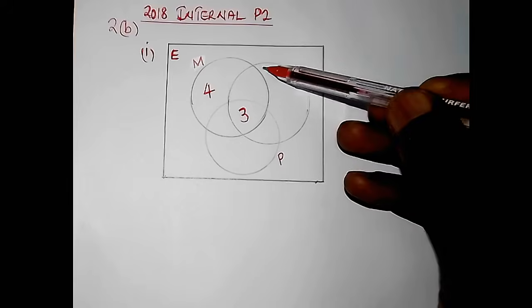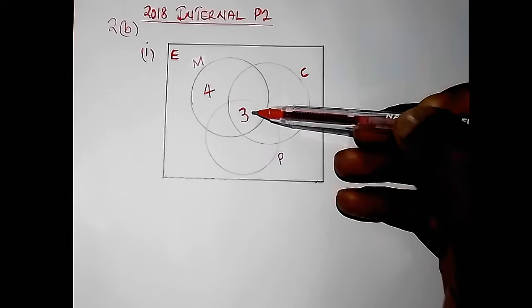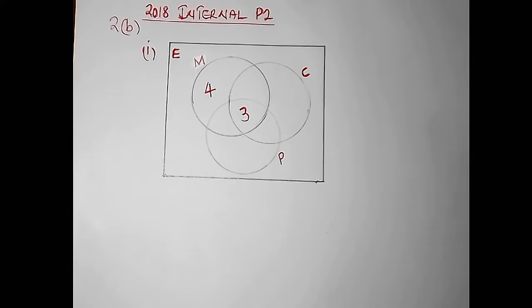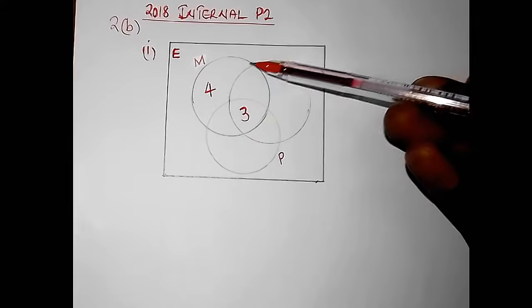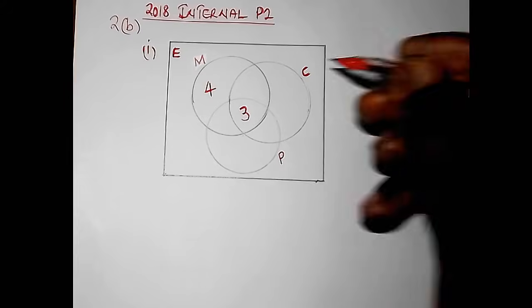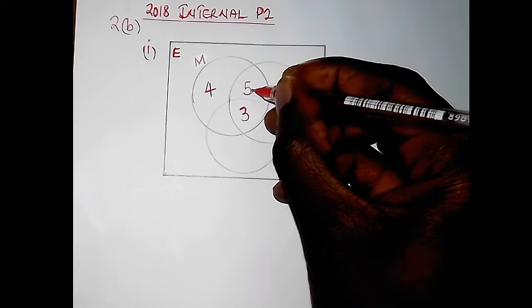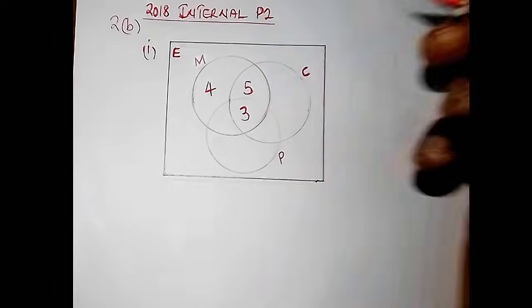But already in the set of mathematics and chemistry, there is a 3 there already. And all we just have to do is subtract 8, subtract the 3 that is already in mathematics and chemistry. And for that we get a 5. 5 is going to be put in this section. So there goes our 5.